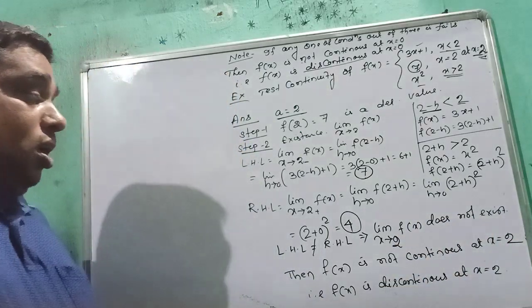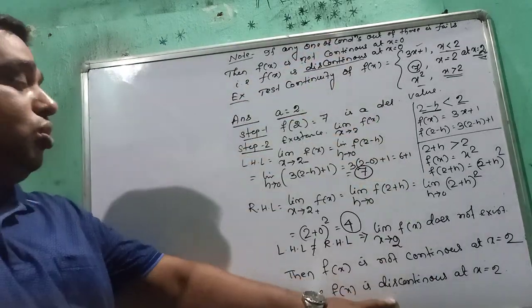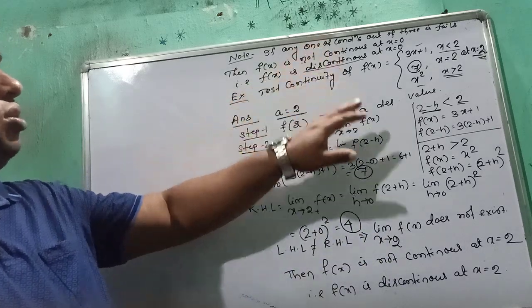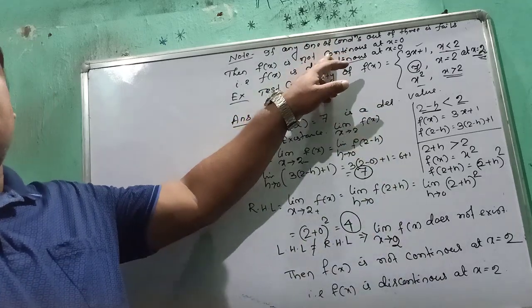If any one condition fails, there is no need to test the third condition. If all three conditions are satisfied, it is continuous; if any one is false, it is discontinuous.